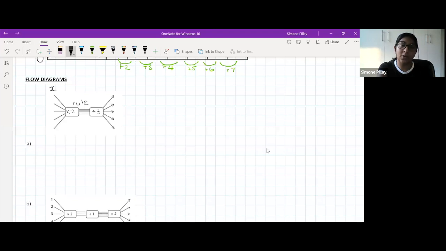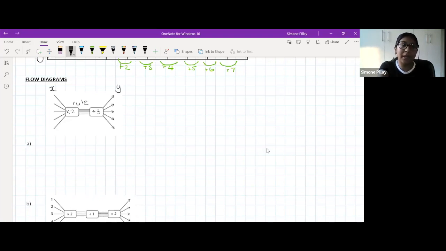So I'm going to take all of my X inputs and flow them through the diagram, because it's a flow diagram, apply my rule, and on the other side, out comes my Y value. So again, Y is my dependent variable. The answers that I get here will depend on what I put in at the beginning.